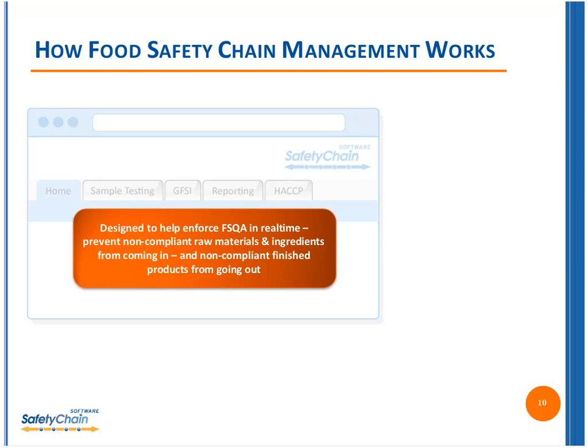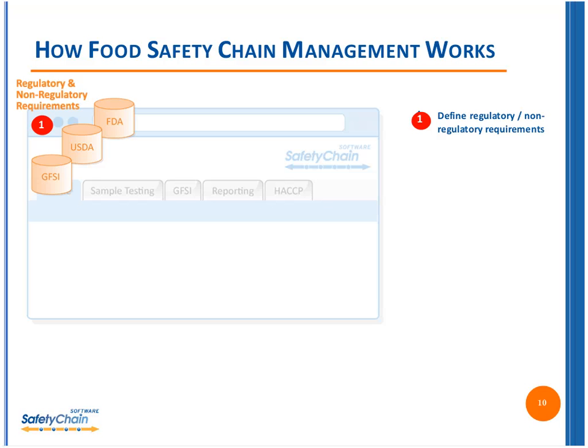Very quickly and at the highest level, food safety chain management is designed to help enforce food safety and quality assurance in real time. The whole concept here is to go very far in preventing non-compliant raw materials and ingredients from coming in and non-compliant finished products from going out. It's all about prevention and creating efficiencies.